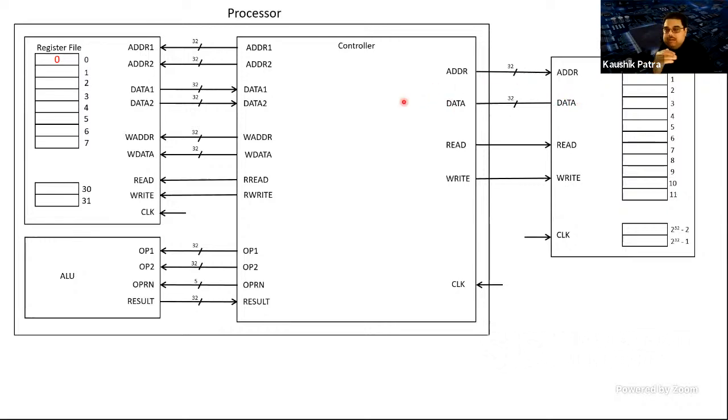One time data flows from controller to memory in case of a write operation, and in case of a read operation, data flows from memory towards the controller. That's why there is no arrow sign for that specific path. But other than that, everything is given a direction.